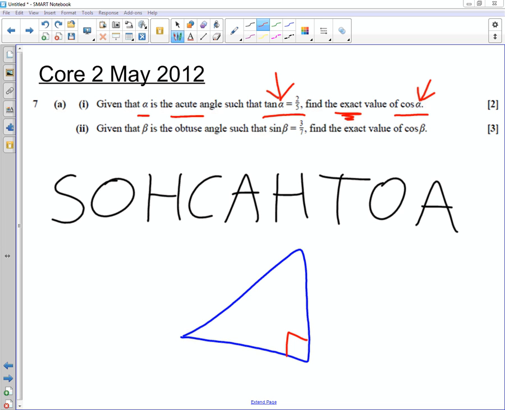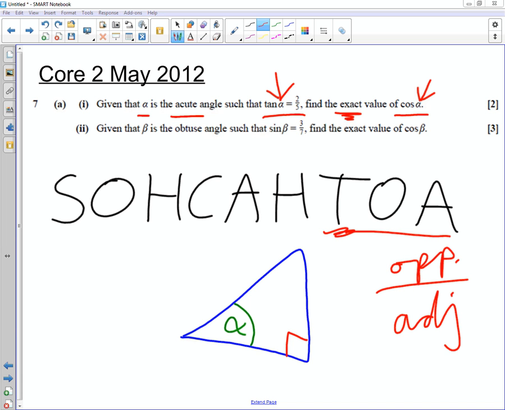I've got a right angle there, I've got an alpha there. Now, let's think about tan of alpha. Tan of alpha is opposite over adjacent. So in this case, opposite over adjacent is equal to 2/5.